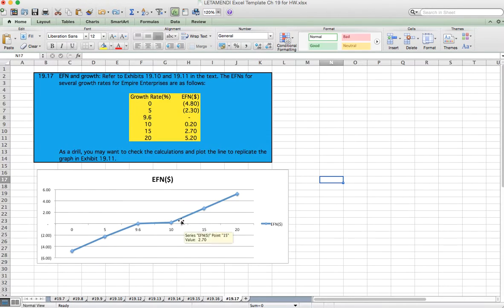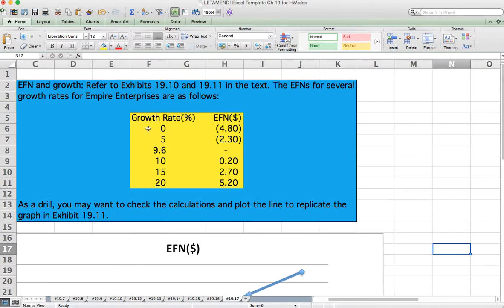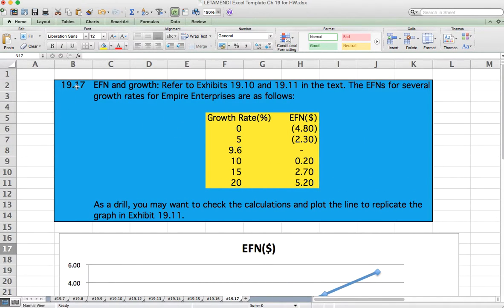6.78. All right, so for this one, you just have to make a chart, and it's not that difficult to make. So 19.17, EFN and growth, refers to exhibits 19.10 and 19.11 in the text. The EFNs for several growth rates for Empire Enterprises are as follows. Growth rates in percentages: 0, 5, 9.6, 10, 15, and 20.